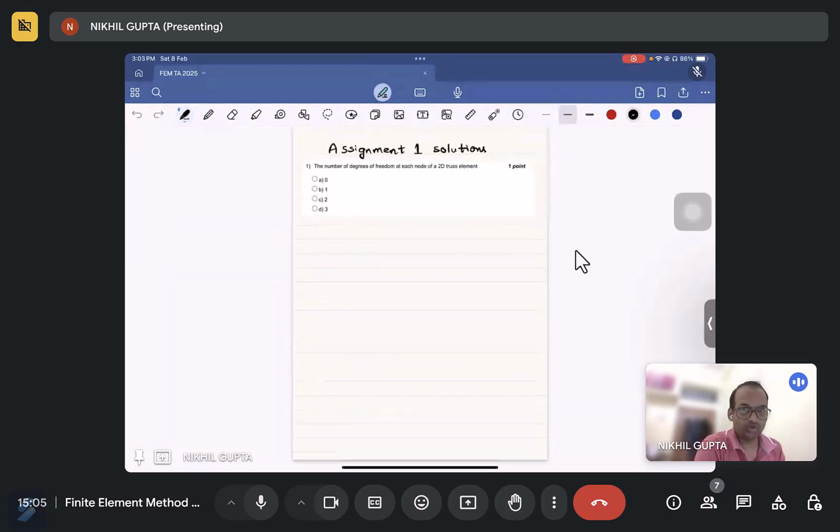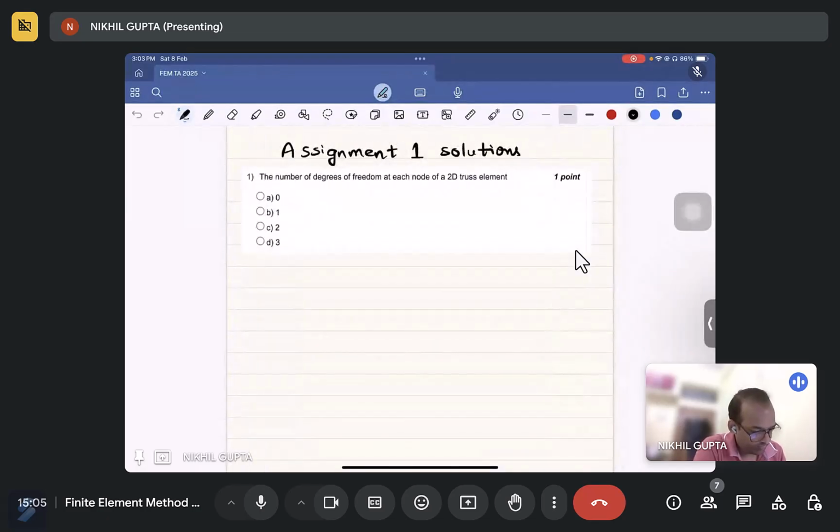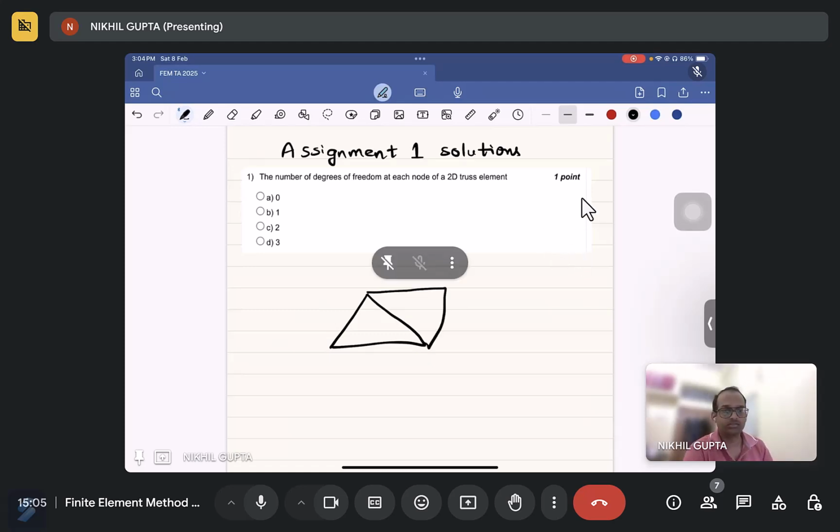So this is question number one for your assignment one. The number of beginners given in each group will produce assignment. So I told you for any bar element there will be... I cannot see the screen. I don't know whether it's visible to everyone or not. Okay, anyone else facing the same? It's visible to us.